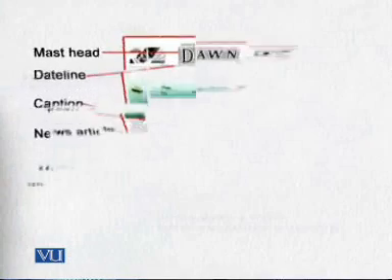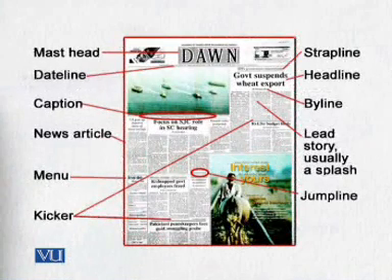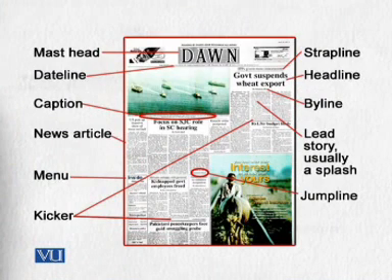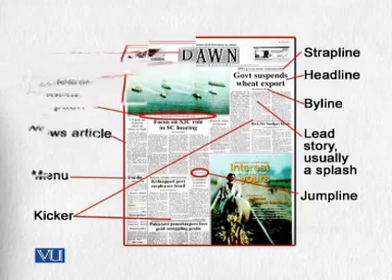Such techniques are called kickers. Kickers are such techniques to make parts of your news prominent, so that just a single glance could give readers an idea which one is the main, which one is second main, and which are smaller news but still very important. So these techniques are used.